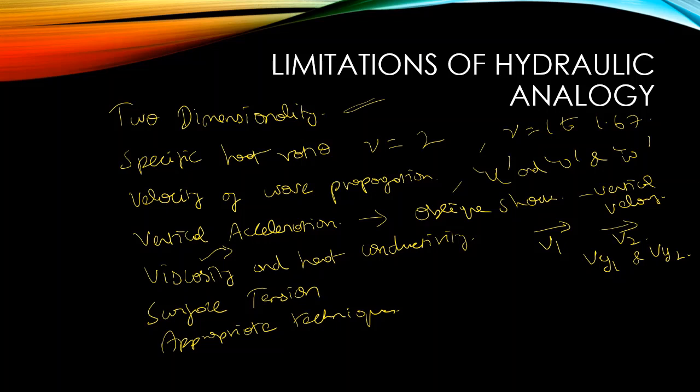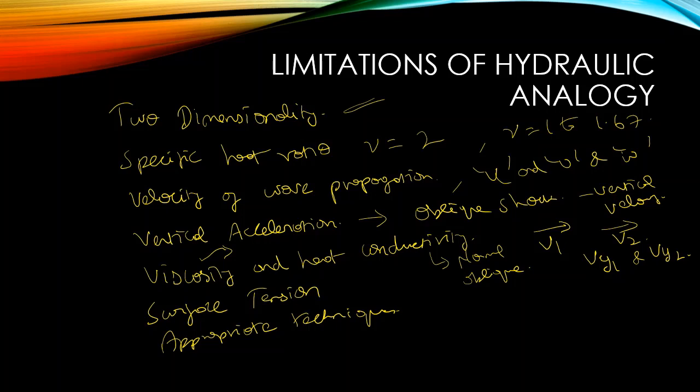Some problems arise when normal shock waves or oblique shock waves are simulated on a live running tunnel. In a live model, we are not considering viscosity and heat conductivity; we just run the shallow water hydraulic analogy directly, right? For normal shock and oblique shock, heat conductivity effect is more, whereas viscosity effect is less.